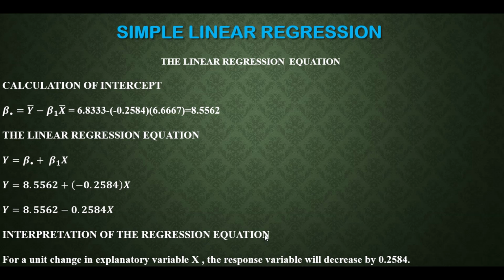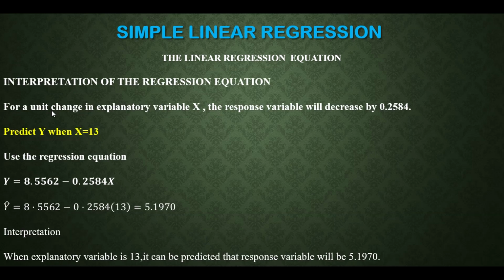Now we want to interpret our regression equation. For a unit change in the explanatory variable, the response variable will decrease by 0.2584. That is, for any unit change in the explanatory variable, the response variable will decrease by 0.2584.